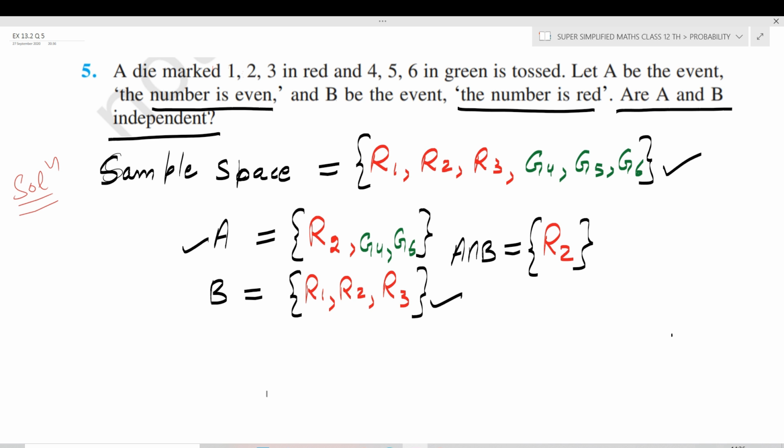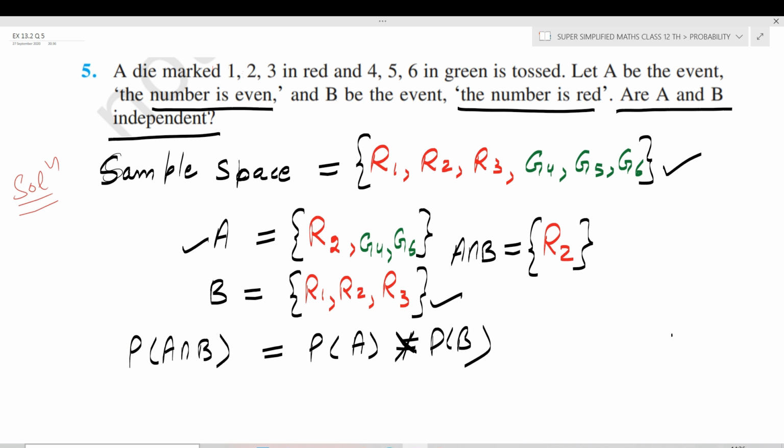To check whether A and B are independent or not, we have to check whether the probability of A intersection B is the same as the probability of A multiplied by the probability of B. If this comes out to be the same, then we say that the events A and B are independent. So we have written A intersection B also.